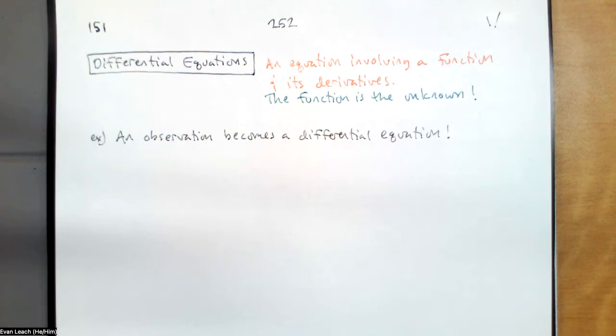We're going to make an observation about a function in relation to its derivatives. This is going to lead to a differential equation, and then we can solve the differential equation.